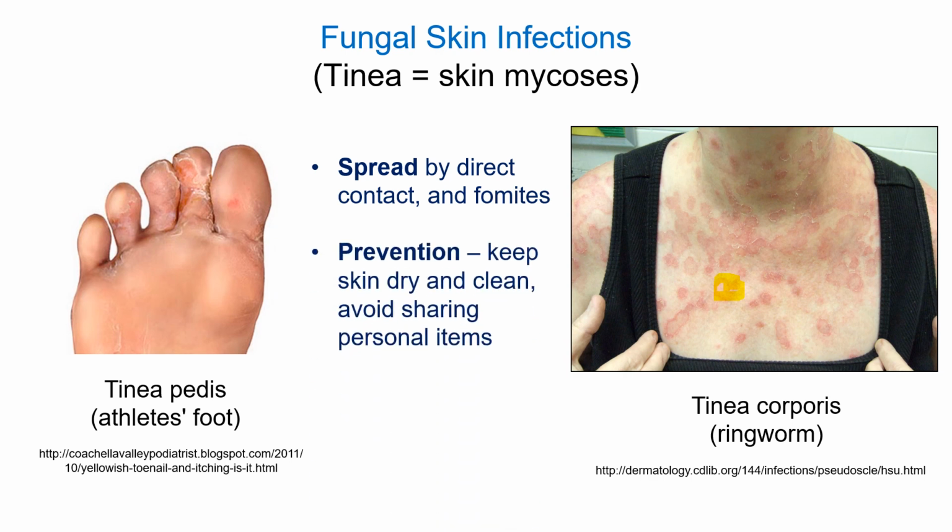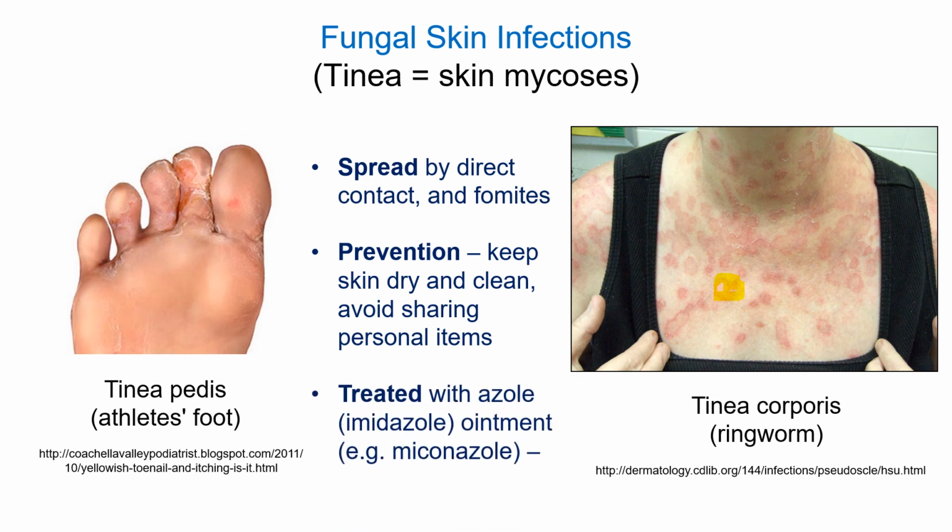Prevention: keep your skin dry. Some people get recurring athlete's foot in the spring just due to all that moisture in the air. It's important for them to keep their skin dry. How can we treat this? There are many antifungals, particularly azoles, one of the drugs we talked about, imidazole, miconazole, those kinds of things. Usually they can clear up quite readily with a little bit of skin treatment.